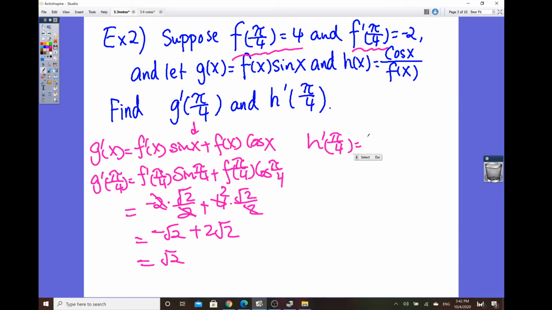Again, just plug in a number. But before we do that, let's set up the formula first. So let's set up the derivative. So h prime of x, started off with h of x.